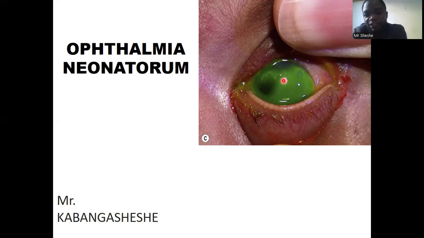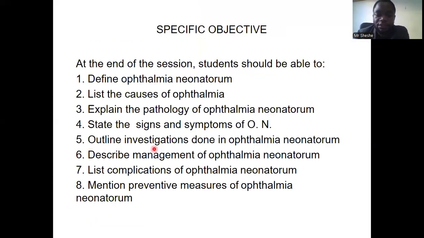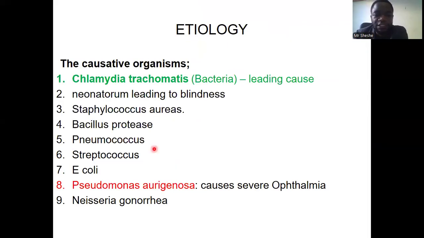In adults, you may have just one, inflammation of the bulbar conjunctiva only, or just the palpebral conjunctiva. But in babies, they have both. Then you see pus accumulating like we have seen in that diagram.